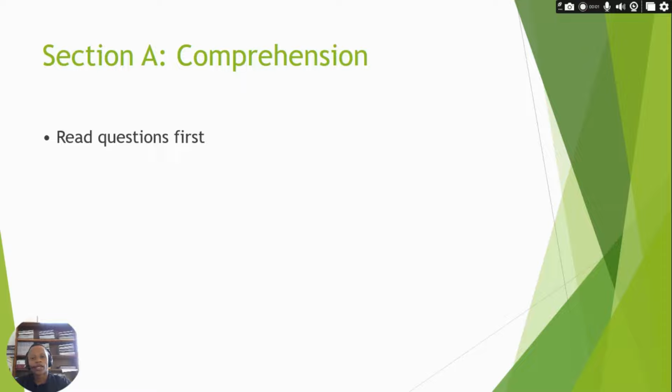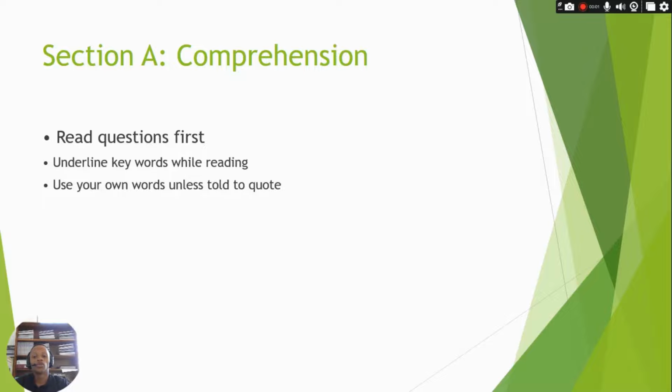Now, to do well in this section, first you'll have to read the questions first. After reading through the questions, you go through the passage. This basically helps you to read the comprehension with an aim. And then also you need to underline keywords while you are reading there.